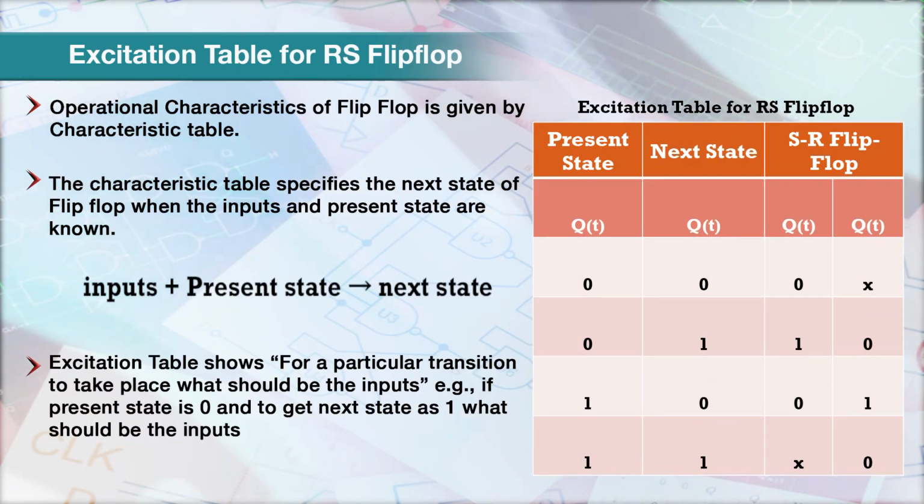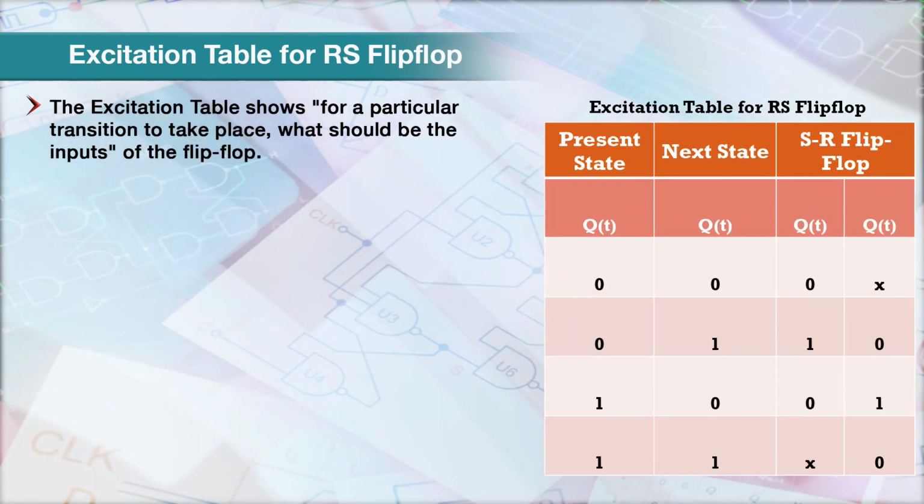Here, the excitation table. We know that the operational characteristics of a flip flop are given by its characteristic table, which specifies the next state of the flip flop when the input and the present state are known. On the other hand, the excitation table shows, for a particular transition to take place, what the inputs of the flip flop should be.